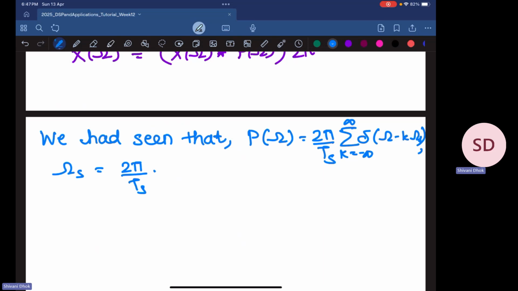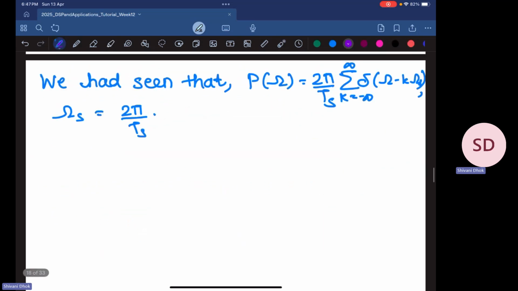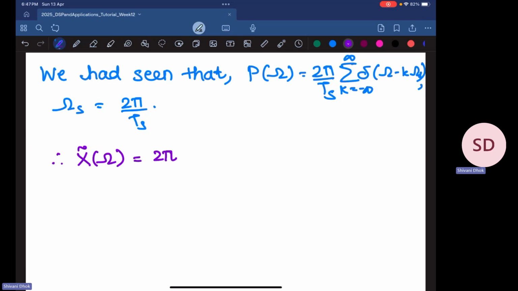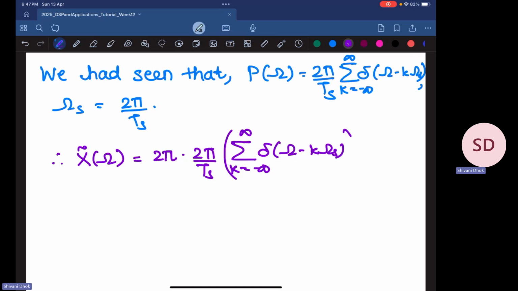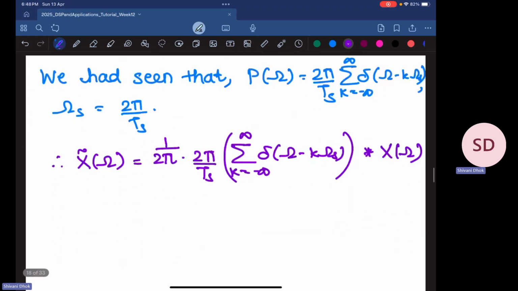Now let me substitute this in this particular equation. So what do we get? Therefore x tilde of omega is equal to 1 over 2 pi into 2 pi by Ts summation k running from minus infinity to infinity delta of omega minus k times omega s convolved with X of omega. Sorry, it's divided by 2 pi.